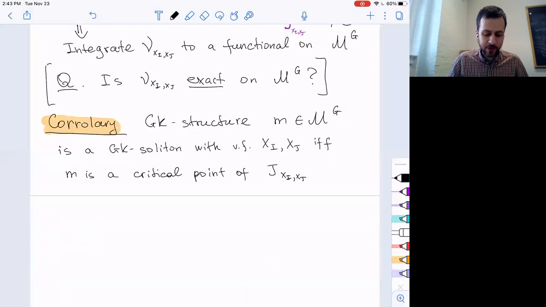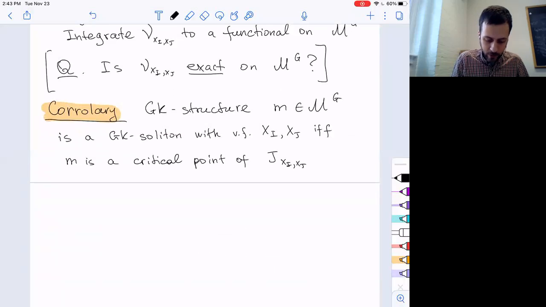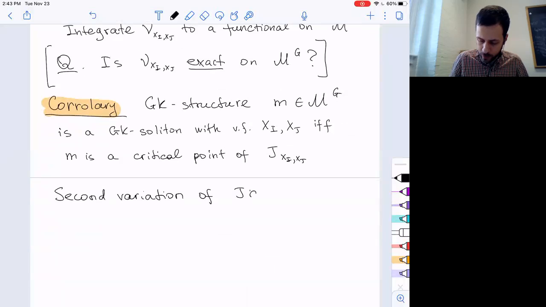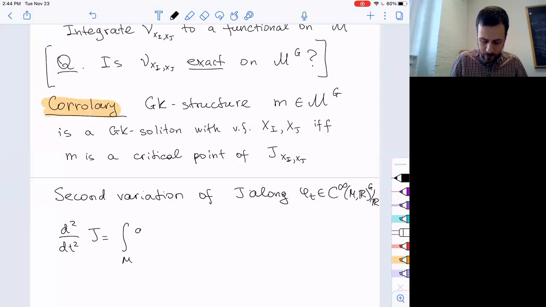So this functional has some nice convexity properties, and you can actually calculate its second variation. So if you consider a one-parameter family of potentials in this space, then the second variation of this functional is, so I mean the specific formula is not that important, but let me write it anyway.